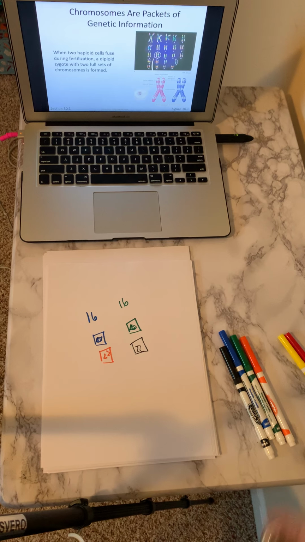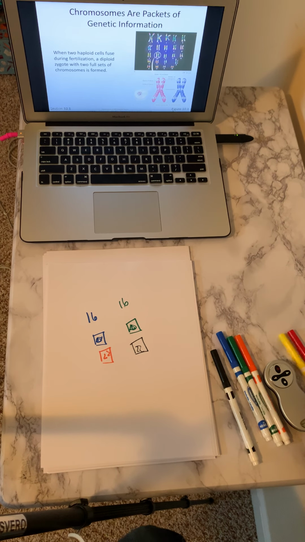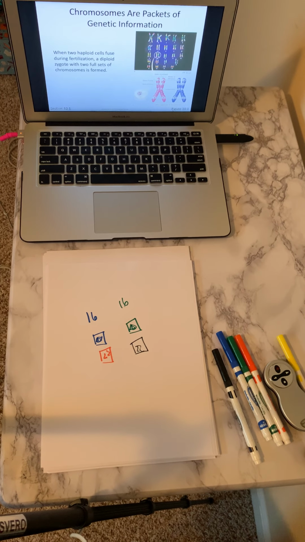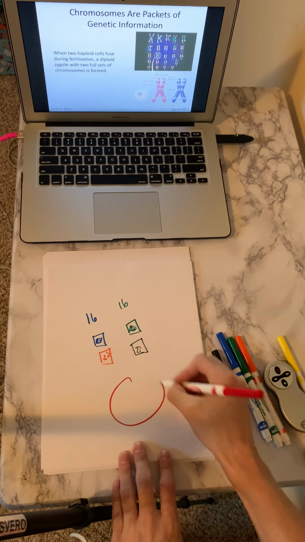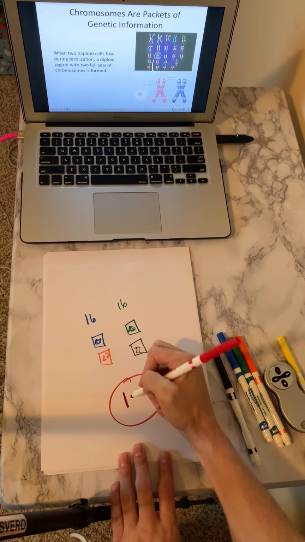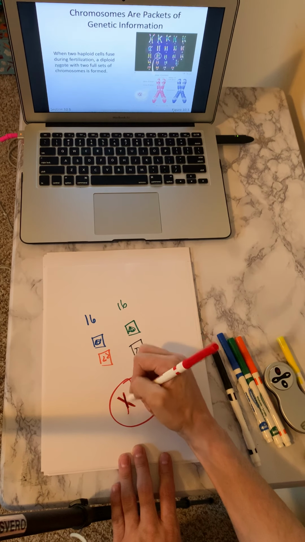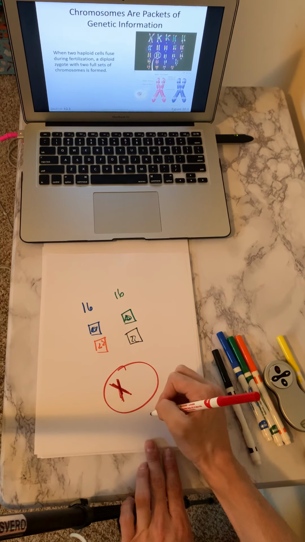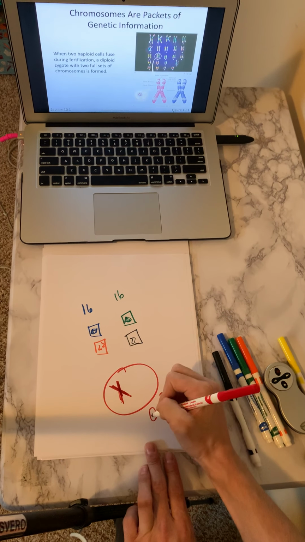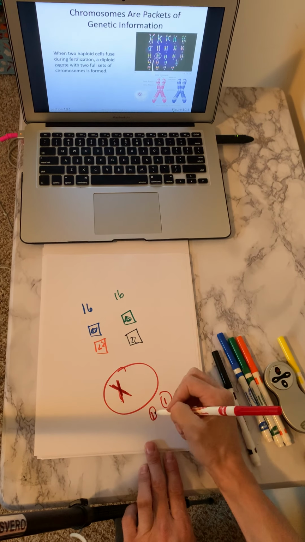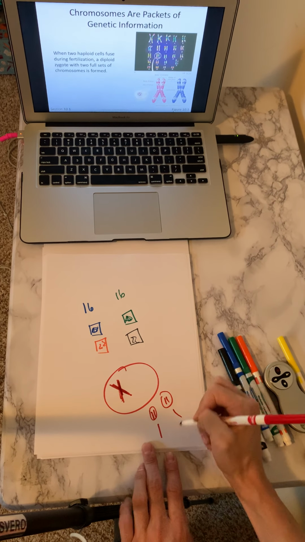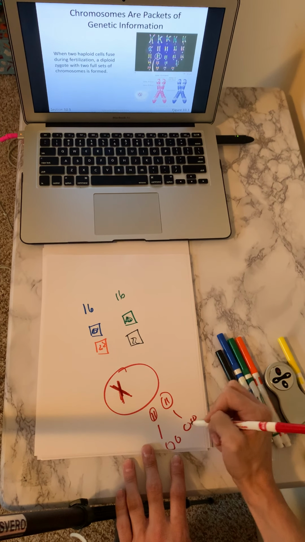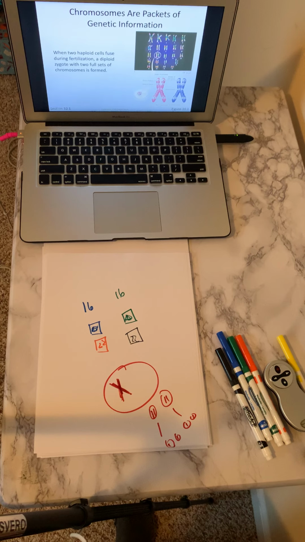So when you reproduce, your chromosomes are going to be split up via the process of meiosis. So you start out with a cell that has chromosome 1 from mother and chromosome 1 copies from mother. Now, if you guys recall, that chromosome is going to be split via the process of meiosis into this kind of thing, and then it's going to be split again into 4 cells that contain 1 copy of each chromosome.